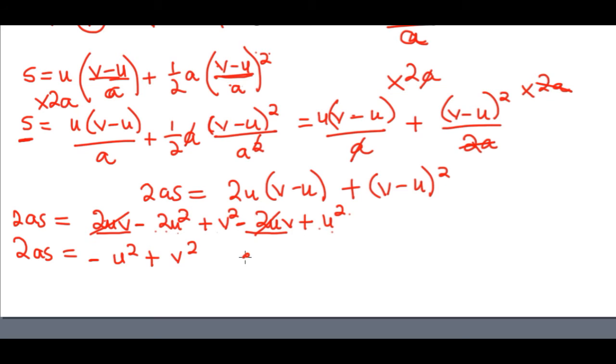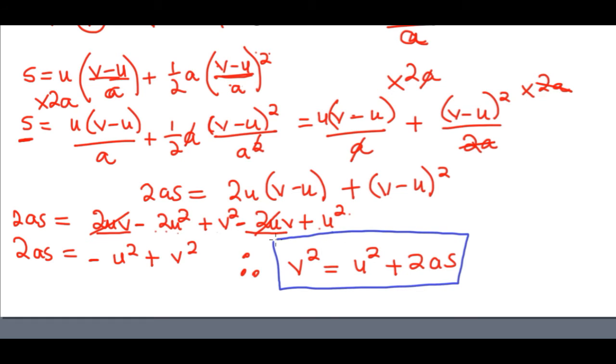Cleaning this up a bit for it to look nice, we get v squared is equal to u squared plus 2as. And that is our third equation of motion, which just says final velocity squared is equal to initial velocity squared plus 2 times acceleration times the distance traveled by the object.